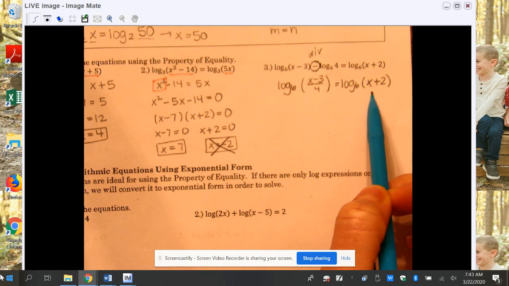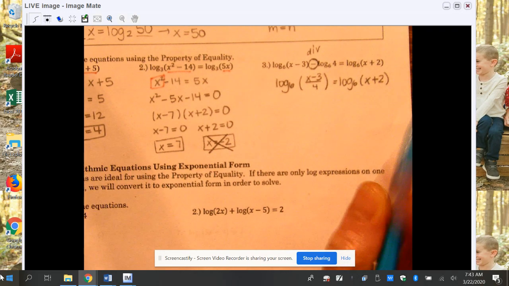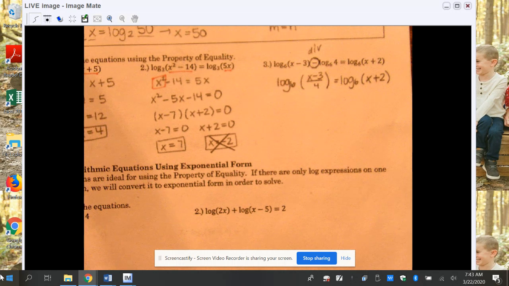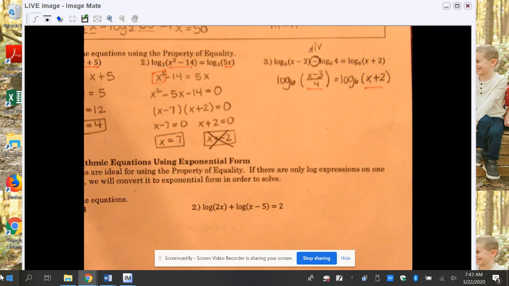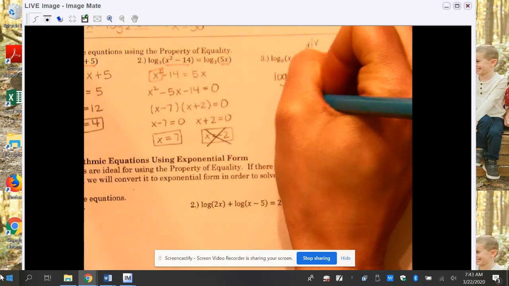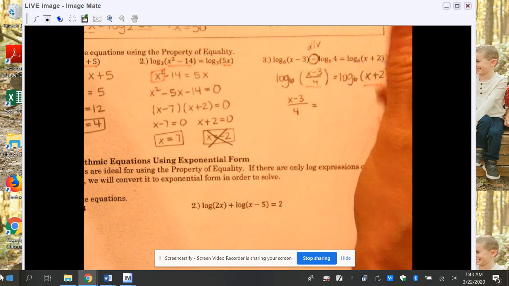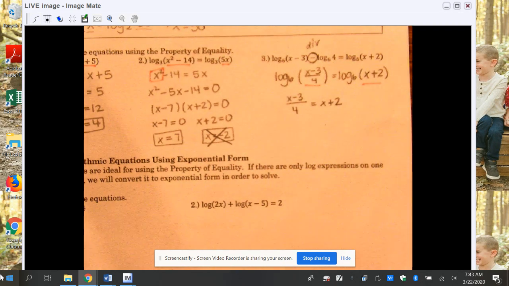Okay, so now I've got this one logarithm on the left and one logarithm on the right. I'm taking log base 6 of both of those quantities, so that means that these two quantities have to have the same value, or else this equation doesn't work. So I'll set x minus 3 over 4 equal to x plus 2. We want to clear the fraction over here.